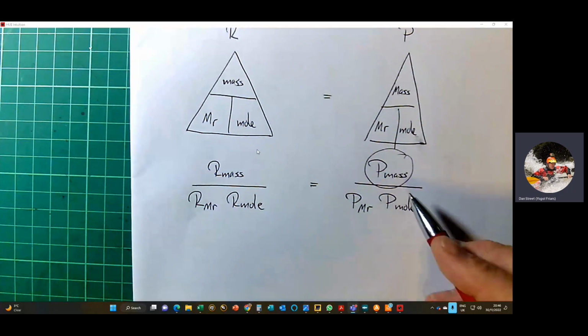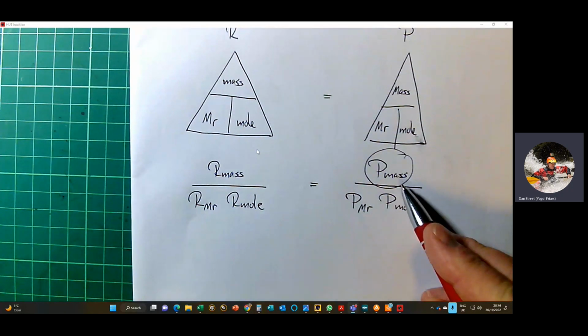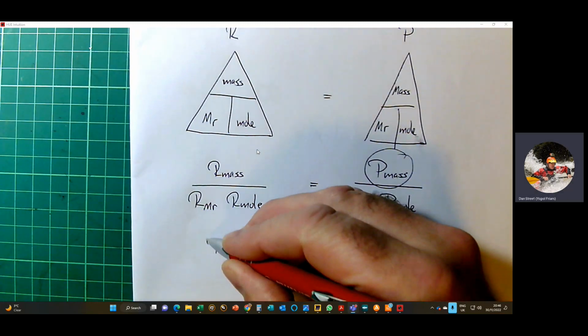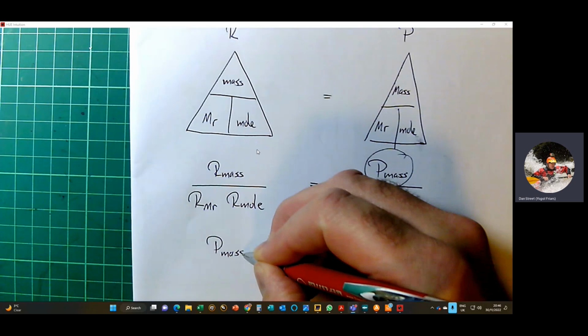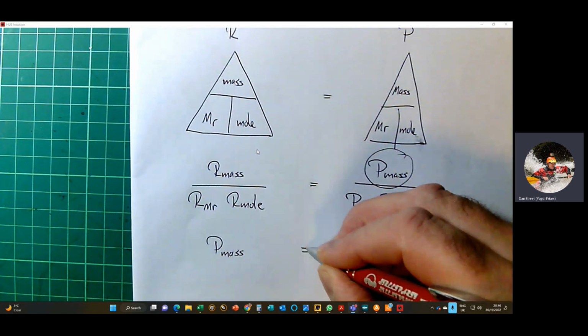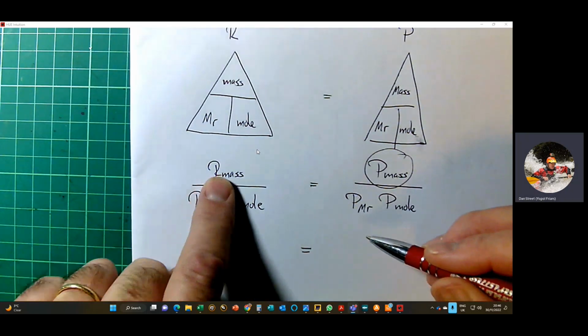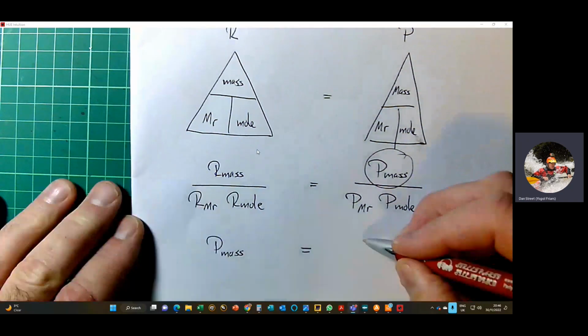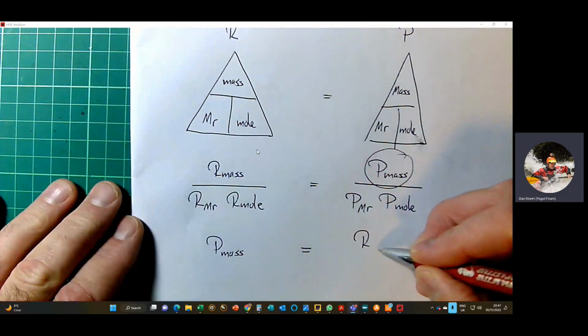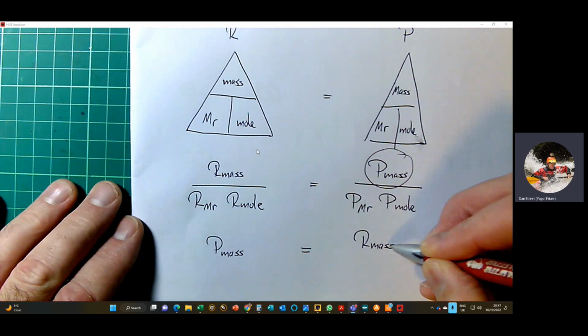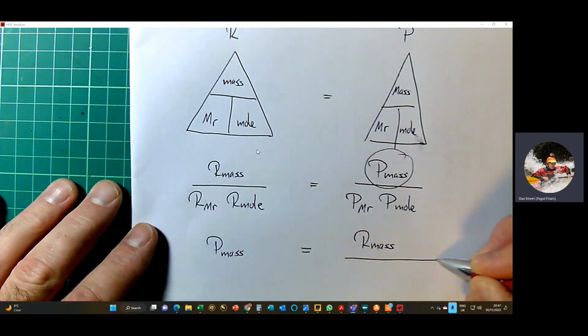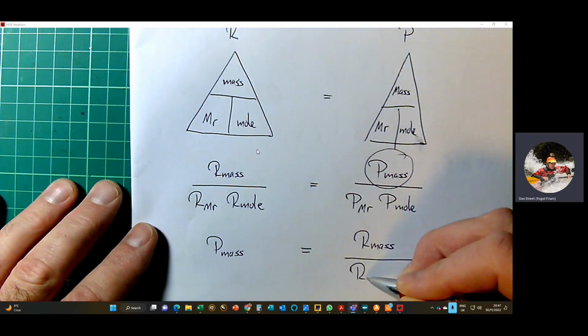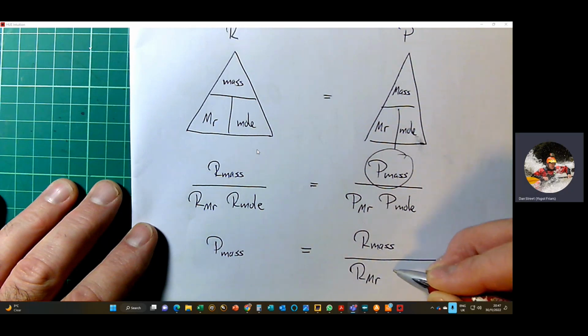Okay, so if we rearrange this equation in favour of the product mass, so we've got product mass is what we're after usually in these questions. So that would equal, and I'm just going to take all these items here and just rewrite them. So R mass, that's the reactant mass, divided by the reactant MR times by the reactant mole.